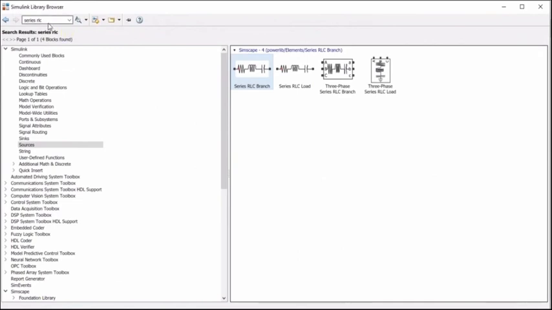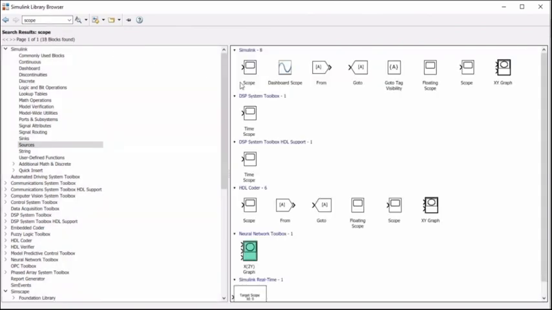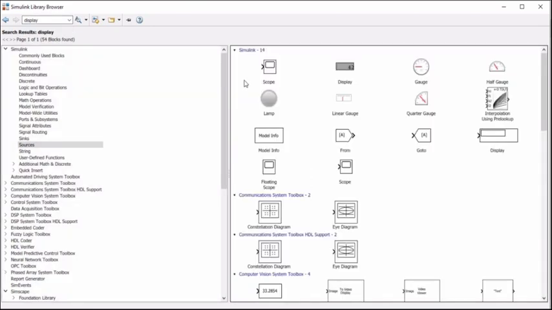Then we need a scope and a display. Scope which is available in the Simulink library, we can add it. Display which is available in the Simulink can be added. Next power GUI.